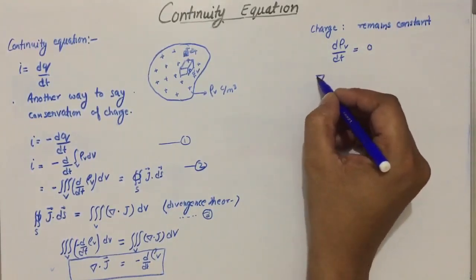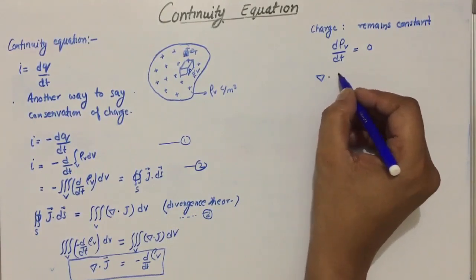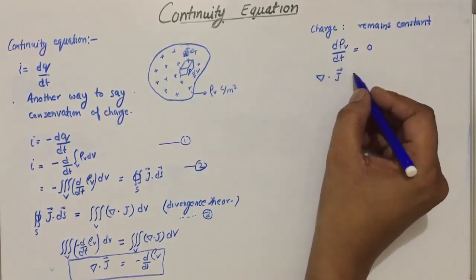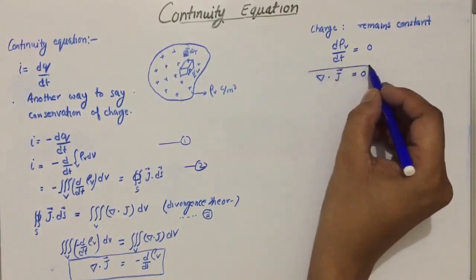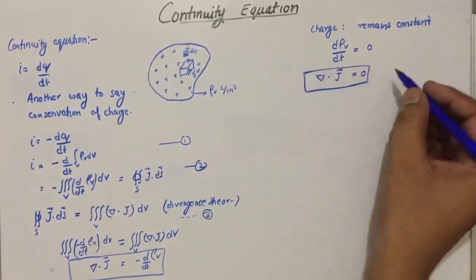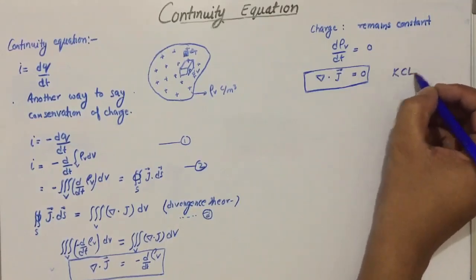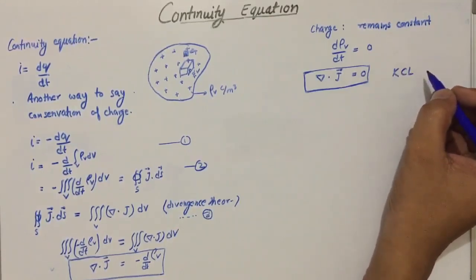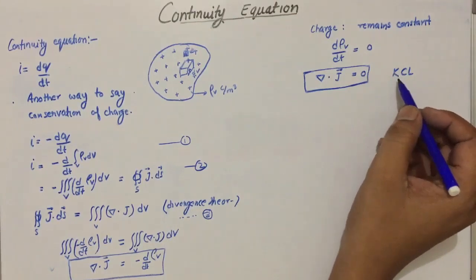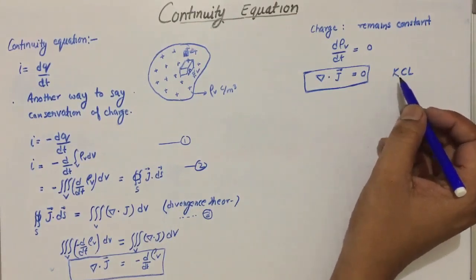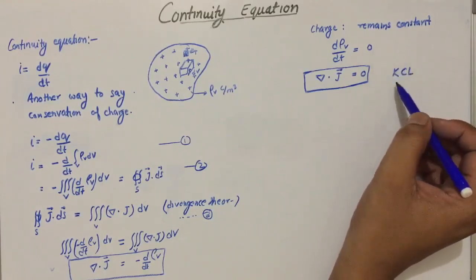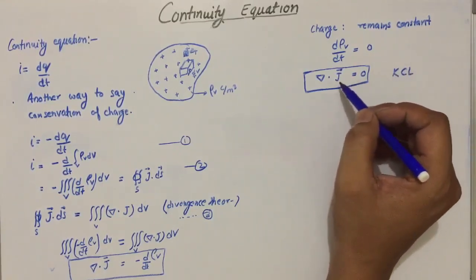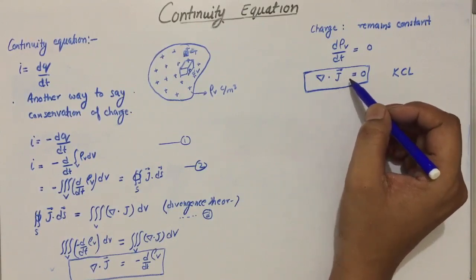In that case, the divergence of current density can be equal to 0. So what we can say regarding this is that it is applied in KCL. In a closed circuit, the charge remains constant, according to KCL, and the divergence of the current density will be equal to 0.